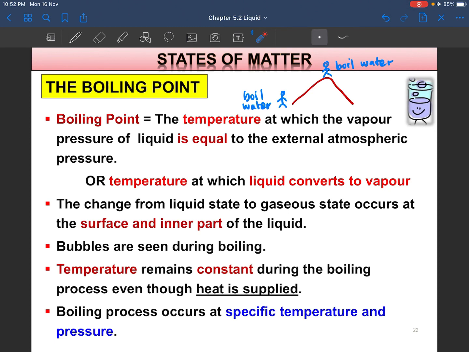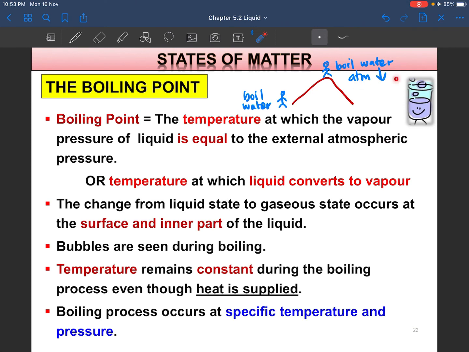Kalau kamu berada di atas Gunung Kinabalu, kamu punya atmospheric pressure lagi tinggi ke rendah? Lagi tinggi, your atmospheric pressure is lower. So atmospheric pressure lower, dan dia kata sini temperature at which the vapor pressure equal to external atmospheric pressure.